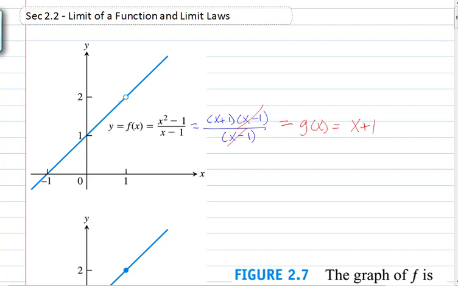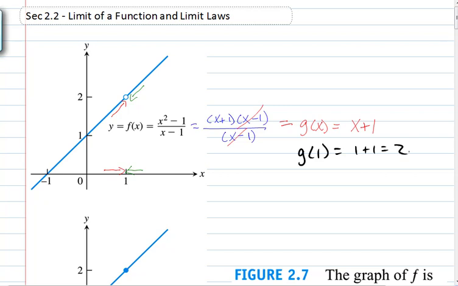But if we were looking at the limit as x gets closer and closer to 1, here we're approaching from the left and then again from the right. As x gets closer and closer to 1 from both the left and the right, the y value of this function is getting closer and closer to what? To 2. And if you plugged a 1 into this function that's algebraically similar to the function that we started with, if you looked at g of 1 right here, we end up with 1 plus 1 is 2.